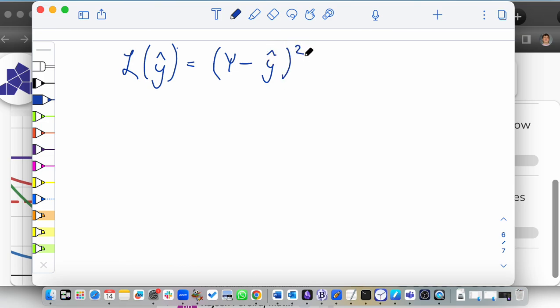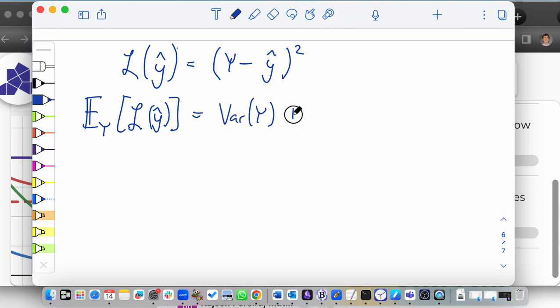And we showed that if you take the expected value over y, once you've chosen y hat, this decomposes as the variance of y plus the expected value of y minus y hat quantity squared. This was last class.